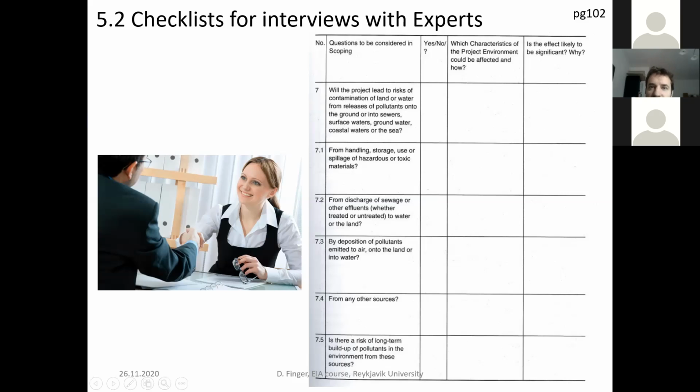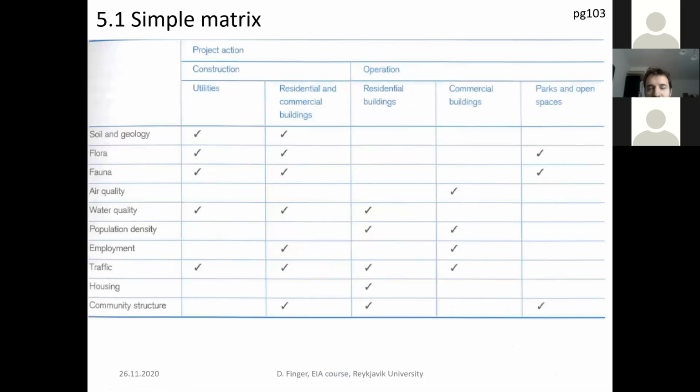So checklists for interviews are important. Before you start an interview, you have to think about what you want to get out of it, and how, after the interview, you can come up with something which helps you to weigh the different impacts that you have identified in the first table, like we've just seen before.